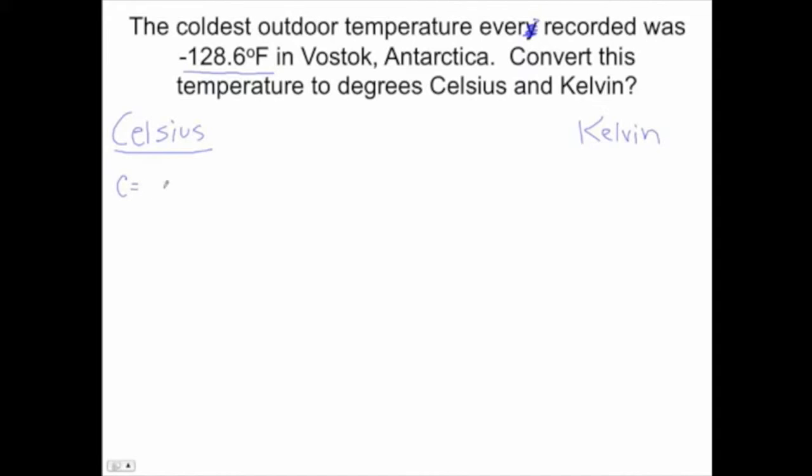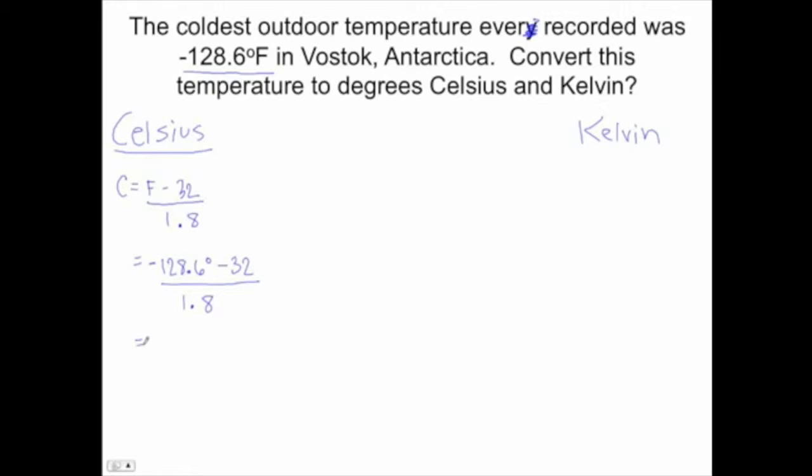You take your Fahrenheit temperature and you minus 32, and then you divide by 1.8. So we can put our temperature in. We have negative 128.6 degrees, and we're going to minus 32, and then divide by 1.8.